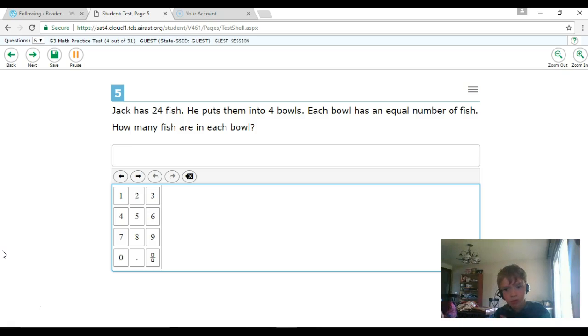Wait. 4 times 7 equals 20. 1, 2, 3, 4. So 1, 2, 3, 4, 5, 6, 7, 8, 9, 10, 11, 12, 13, 14, 15, 16. So that's 4 times 4. So 16.